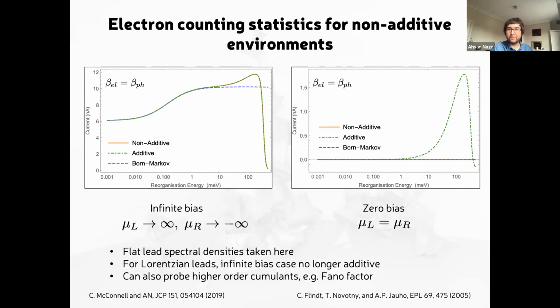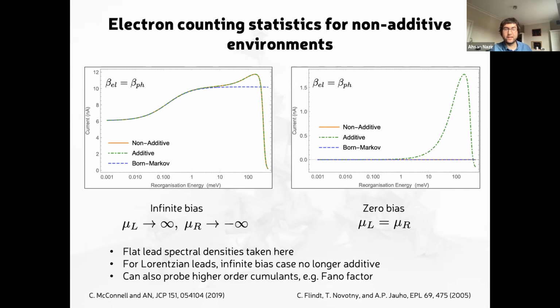So that's fine at infinite bias, but worryingly, at zero bias, where we expect no current, which is indeed true of the non-additive and the Born-Markov approaches, we get an unphysical current at strong coupling in the additive approach. And that's because the leads are not properly aware of the strong vibrational coupling.